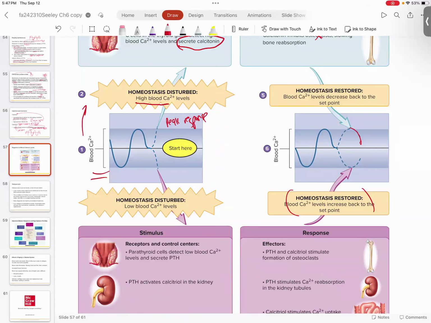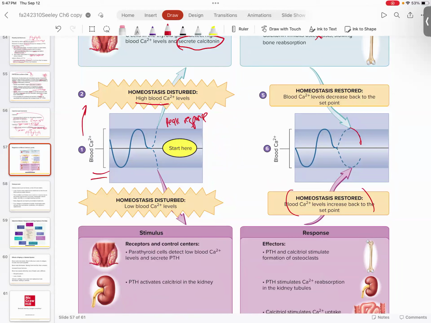So then, when you take a look at the trough response, that's when your calcium levels get low. Then you're going to have receptors as well that are going to be telling the parathyroid cells that they need to secrete parathyroid hormone. And then parathyroid hormone will secrete and activate calcitriol to basically retain calcium in your urine.